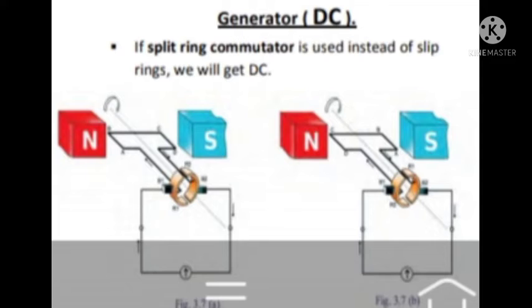Next we can notice the DC generator. What is the main difference between an AC generator and a DC generator? A split ring commutator is used instead of slip rings. In an AC generator slip rings are used, in a DC generator split rings are used.